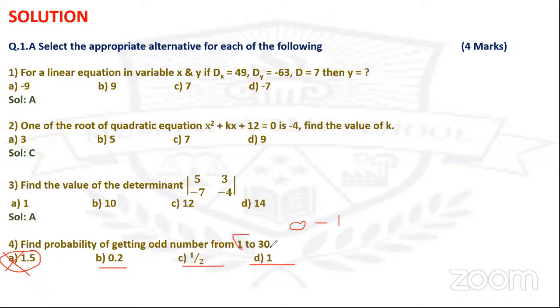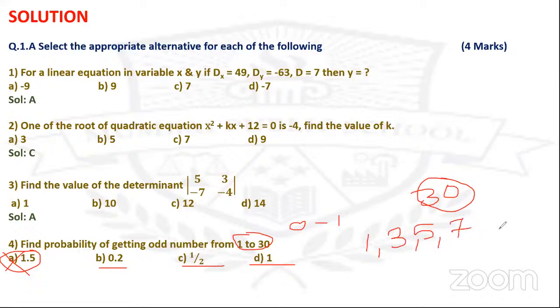Check numbers from 1 to 30. So that means your last number is 30. So these are the total numbers. Understand? So N of S is how much? 30. Now odd numbers means what? You're going to take numbers in between. So that means check 1, 3, 5, and so on.